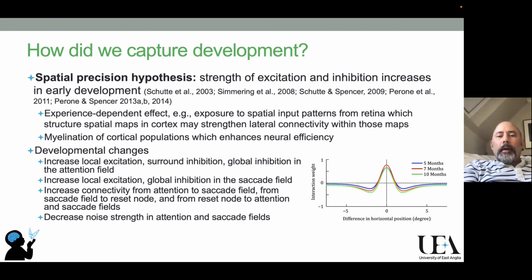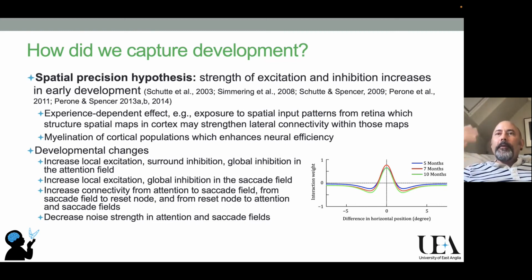For example, through your exposure to spatial input patterns on the retina, and that exposure structures spatial maps in cortex, that may strengthen lateral connectivity within those maps.